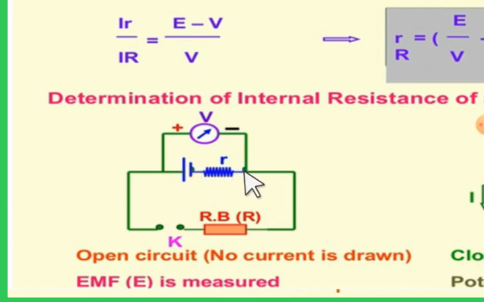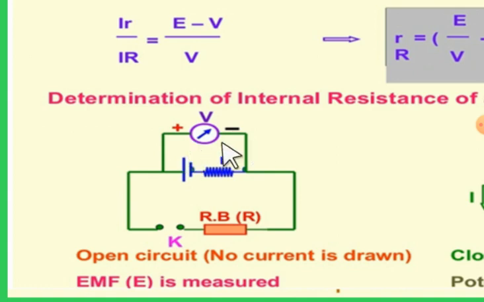The potential difference across the two electrodes will be measured. When no current is drawn, that means when the key is open, the circuit is open circuited. When no current is drawn from the cell itself, the potential difference across the two ends of these electrodes is measured and called the EMF of the cell. But I'm telling you that the potential difference measured by a voltmeter will not give you the correct reading.